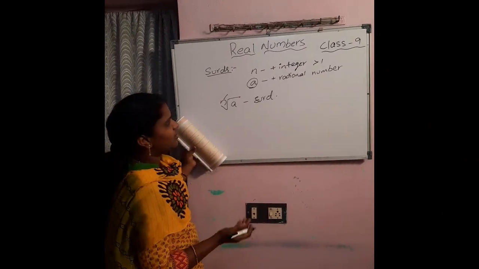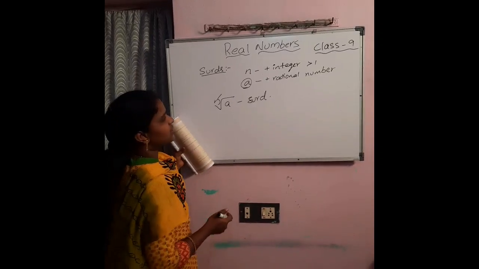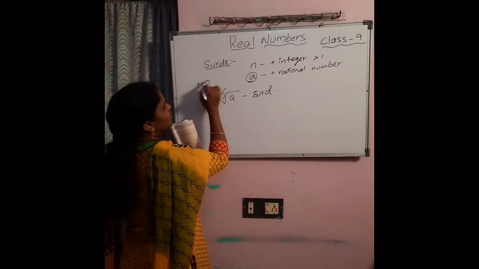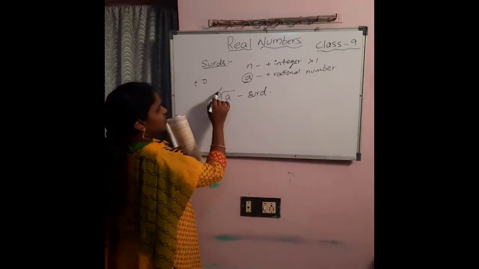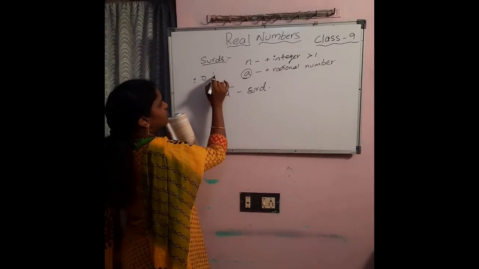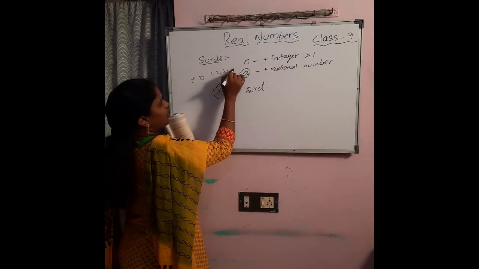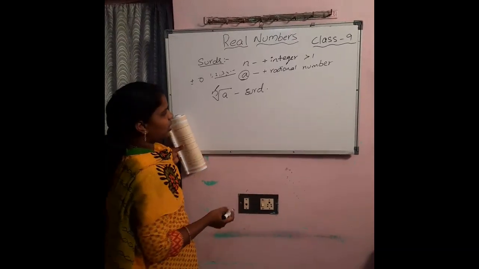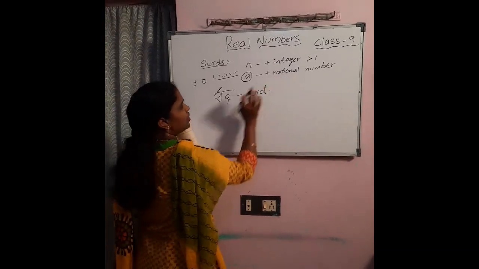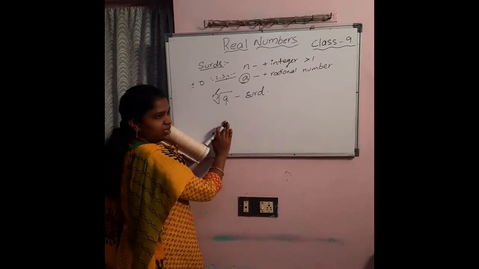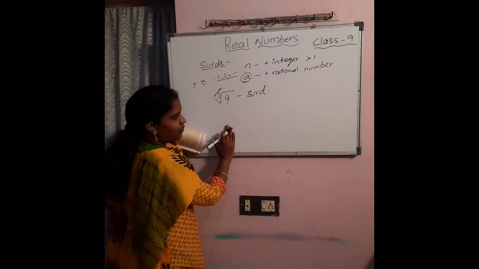What we have already discussed about these topics: integers, that is both plus and minus including 0. So we have to consider positive natural integers, that is 1, 2, 3, 4 and so on, but it should be greater than 1, that means 2, 3, 4. And a is a positive rational number, which can be written in the form p by q.